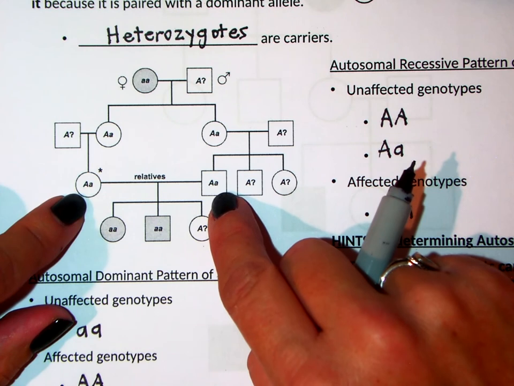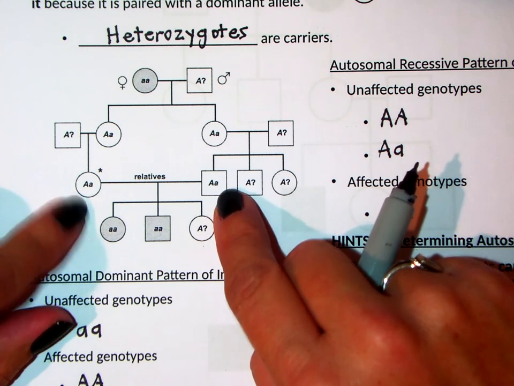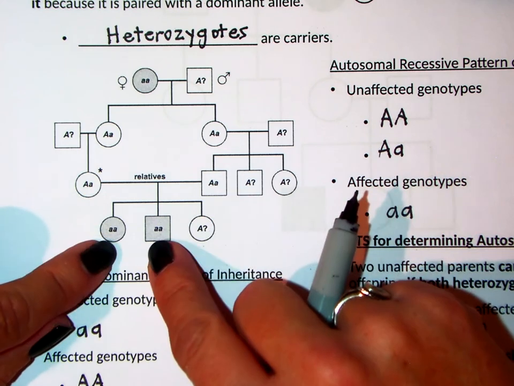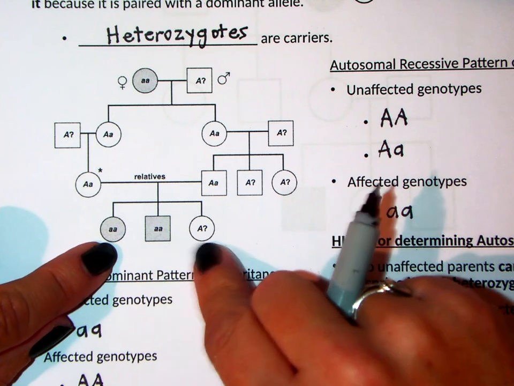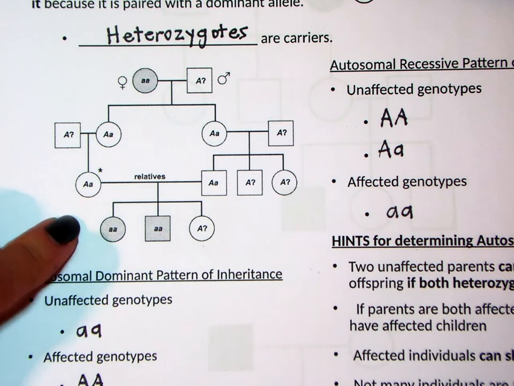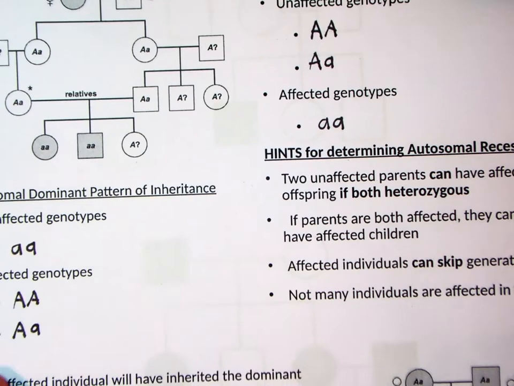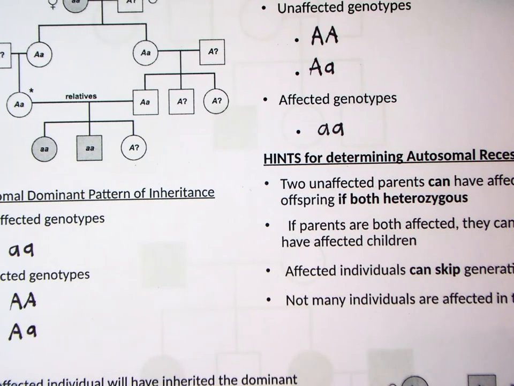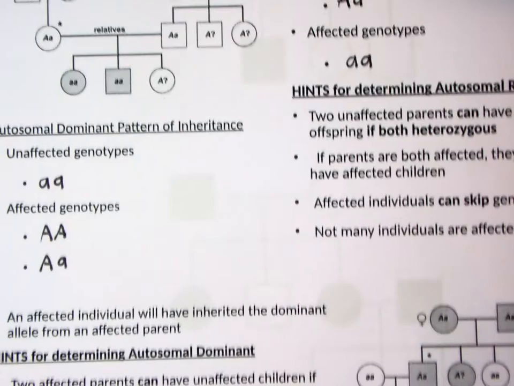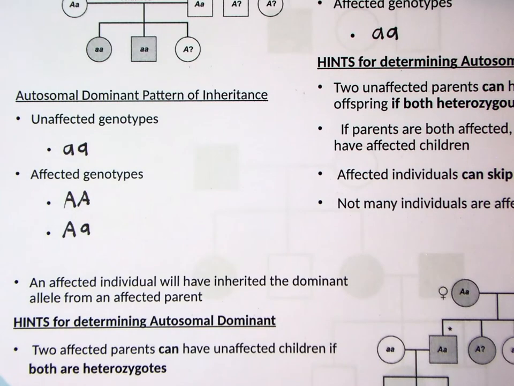And then look, 2 of their kids were affected. All right, so don't marry your cousins. Let's read this last part here. An affected individual will have inherited the dominant allele from an affected parent.